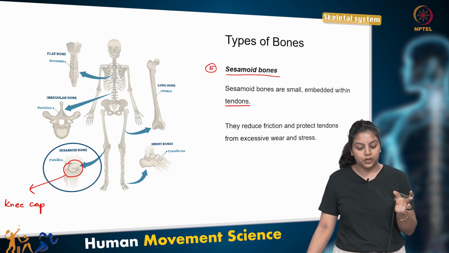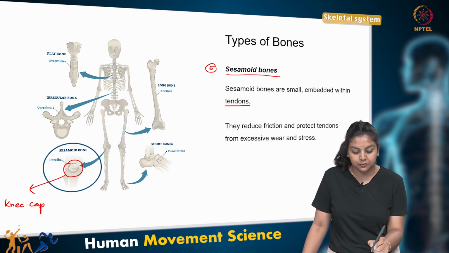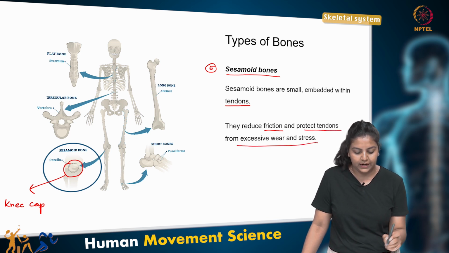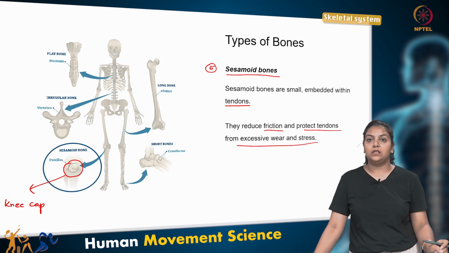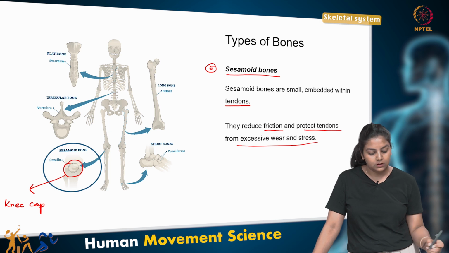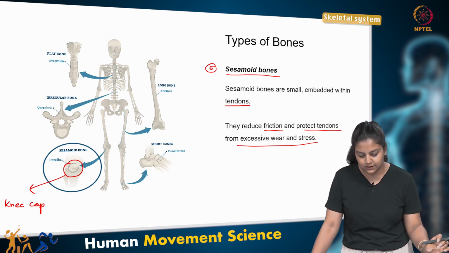What is the function of the sesamoid bone? They reduce friction and protect tendons from excessive wear and tear. So with all your ACL injuries and PCL injuries, it's very important to keep a healthy knee joint that protects the patella bone and the tibia and femur that are attached to it.